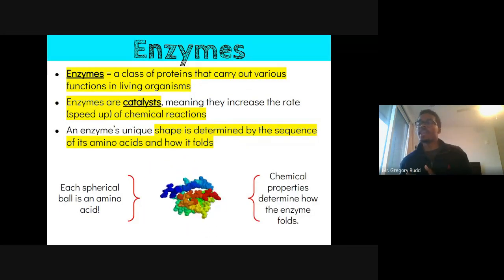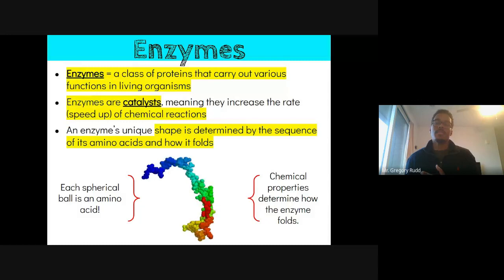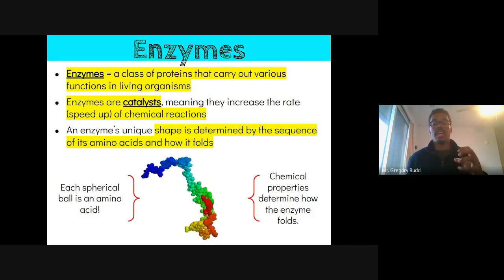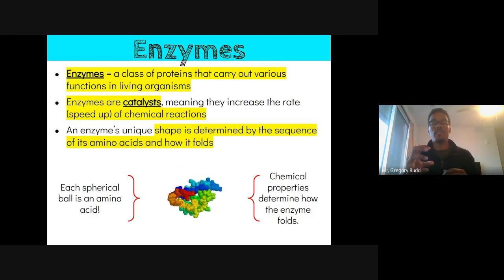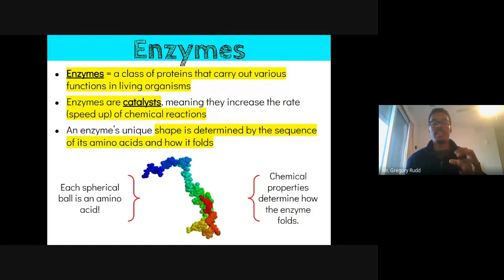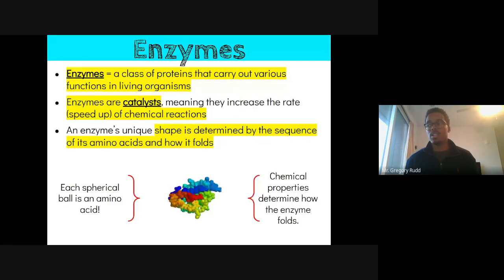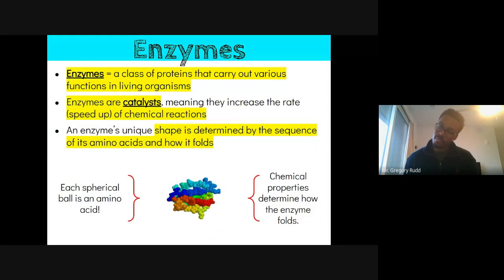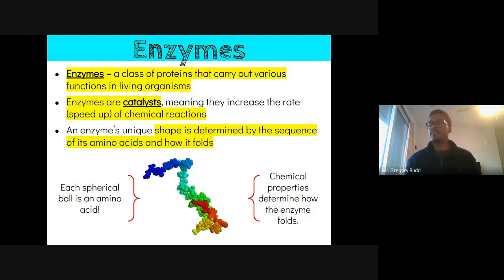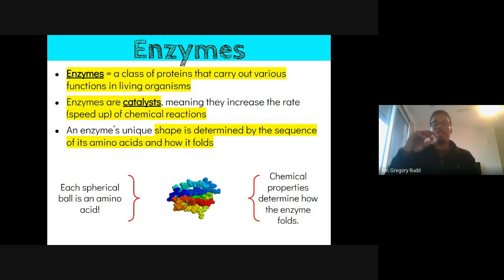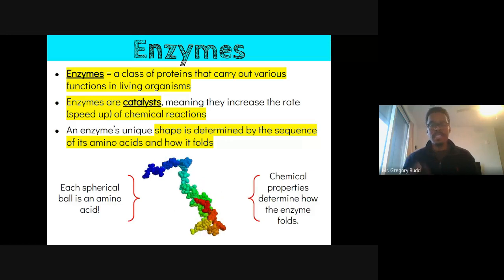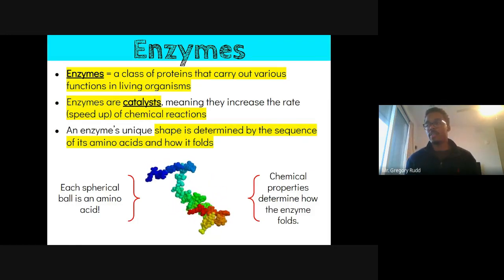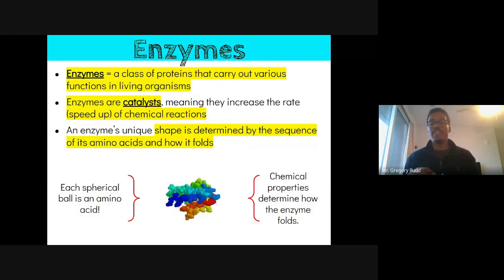Some amino acids are positively charged, which means that they really like to be near negatively charged amino acids. Some amino acids like to form a specific bond with other amino acids. So they have to be near them to do that.